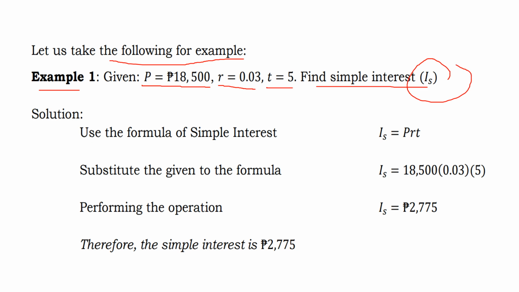So for the computation of your IS, we simply use this formula. I sub S is equal to PRT, or principal multiplied by rate of interest multiplied by the time or term. Since there are given values for your P, your R, and T, we just simply substitute these given values to the given formula.